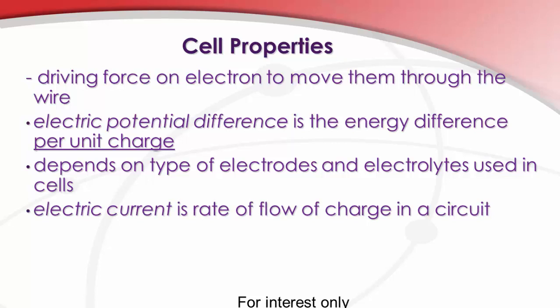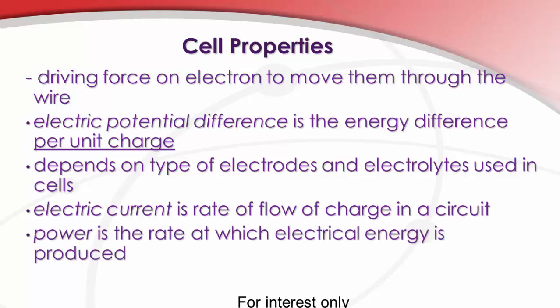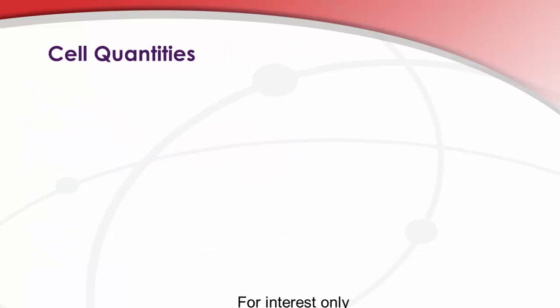Electric current, of course, is just the rate at which the reaction is going on. It's the speed of the electrons moving, the flow of charge. So the current determines how much copper is being oxidized and how much silver is being reduced per unit time, per second. And power, well, we don't really need to know about that for our purposes here.